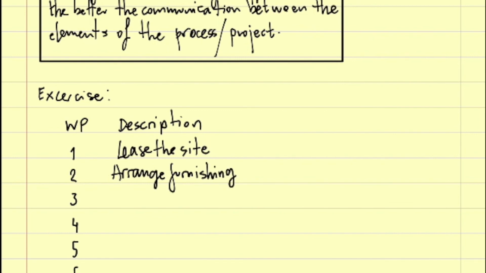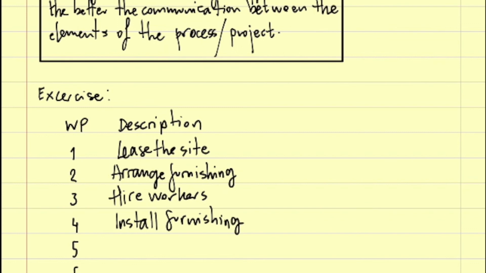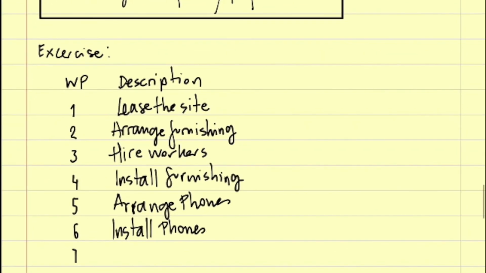Third is hire workers. Fourth is install furnishing. Fifth is arrange phones. Sixth is install phones. And seventh is moving to the office.